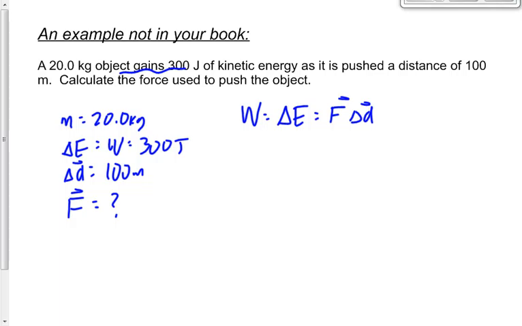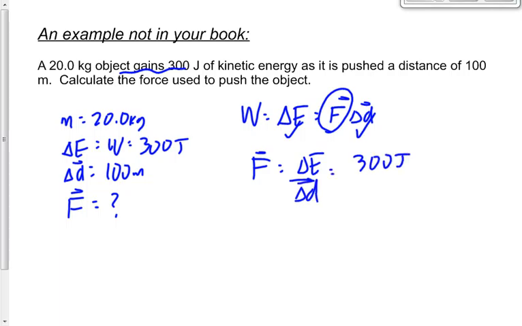Therefore, we can drop the cos theta on the end of it. We know that delta E is equal to W, and we know that we have that value. We know that we have the displacement. We can find the force pretty easily at this point. It becomes delta E over delta D. It's 300 joules divided by 100 meters. Our force is 3 newtons.